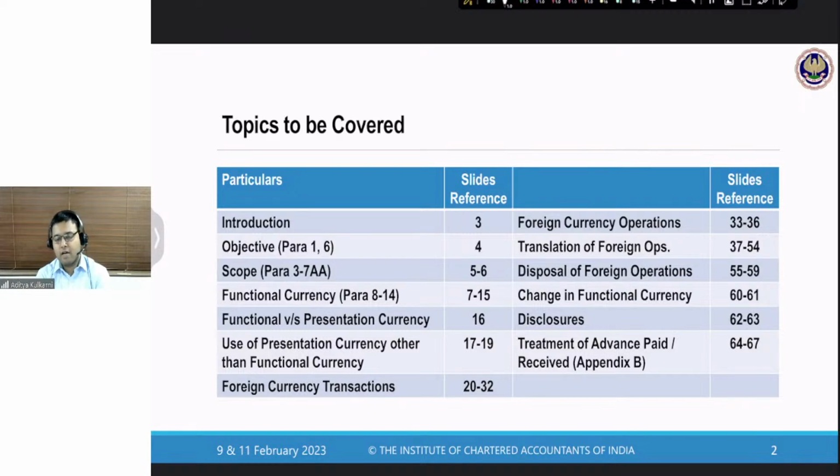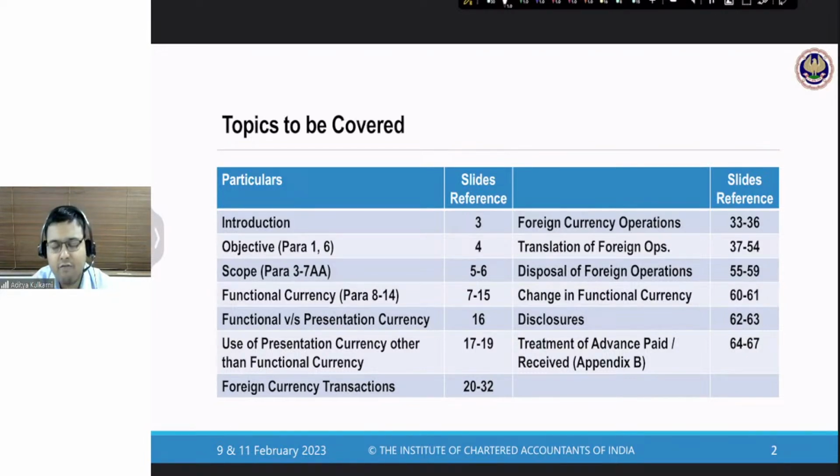So I will convert using the closing rate for all assets and liabilities, regardless of whether they are monetary or non-monetary. Equity capital, if any, shall be converted at the rate on the date of acquisition. The same goes for pre-acquisition reserves. Post-acquisition reserves, you will recognize on an average basis.